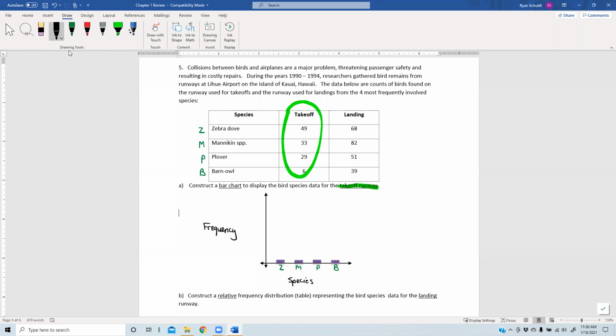We've done relative frequency already. Hopefully you kind of caught on how to do that. So for this one, I'm thinking we count by tens. What do you say? 10, 20, 30.